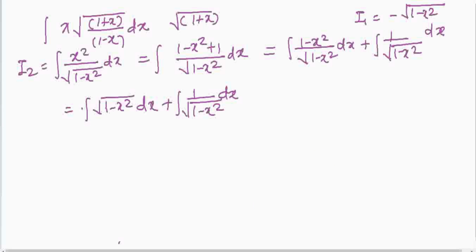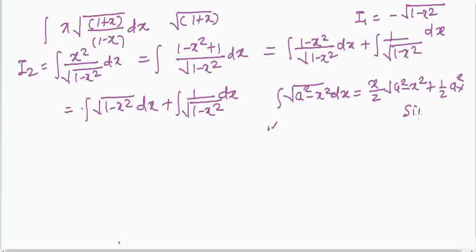Let me write the standard formulas. Integration of under root of a square minus x square equal to x divided by 2 under root of a square minus x square plus 1 by 2 a square into sine inverse of x by a, and integration of 1 divided by under root of a square minus x square into dx equal to sine inverse of x divided by a.